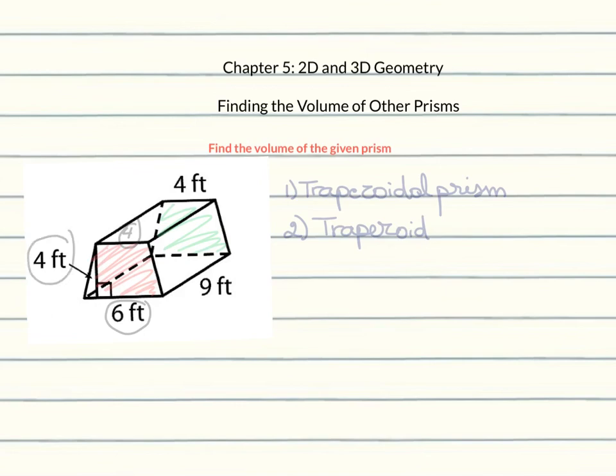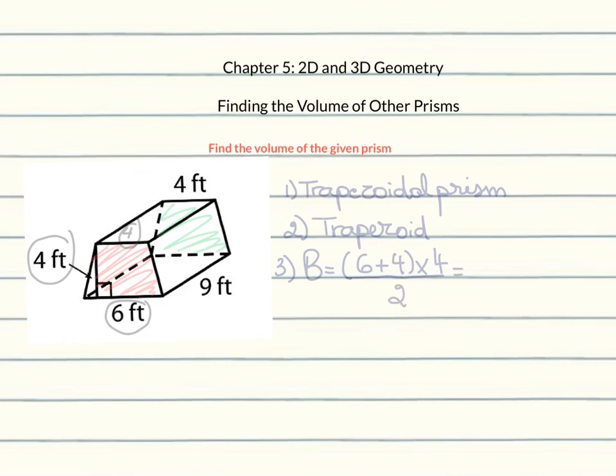Let's start our calculation of the area of the base. Third is the area of the trapezoid or the base, capital B, which is equal to the bigger base, 6, plus the smaller base, 4, multiplied by the height of the trapezoid, 4 as well, all divided by 2.